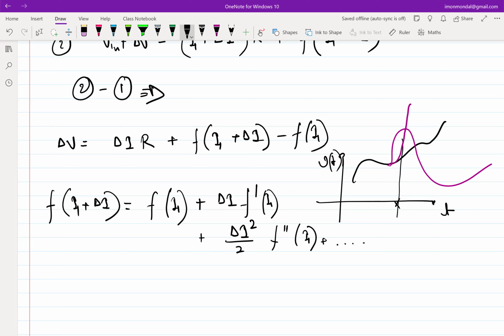What am I saying? I'm essentially saying that we are only interested in those ranges of changes where all these higher order terms are negligible. This is that step that we are talking about, that we already know how to solve linear equations.